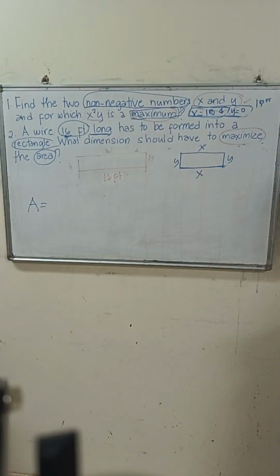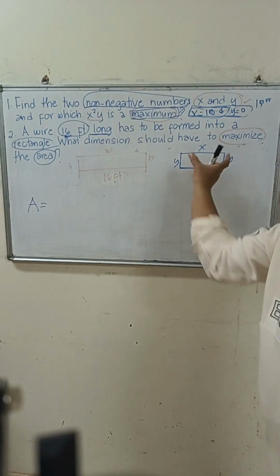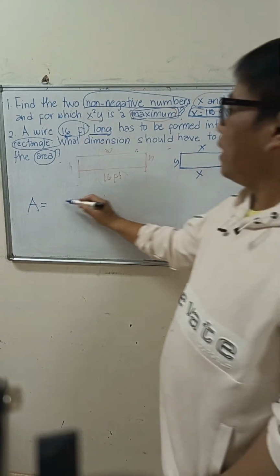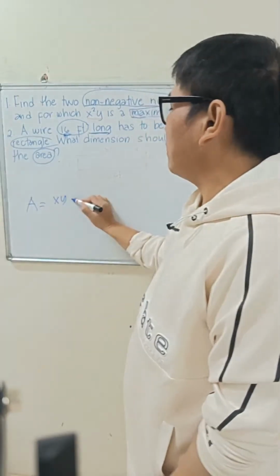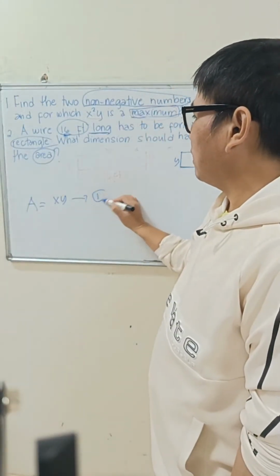It happens that the dimensions of a square are equal, but in a rectangle only the two opposite sides are equal. So the area is x times y. This is equation 1.